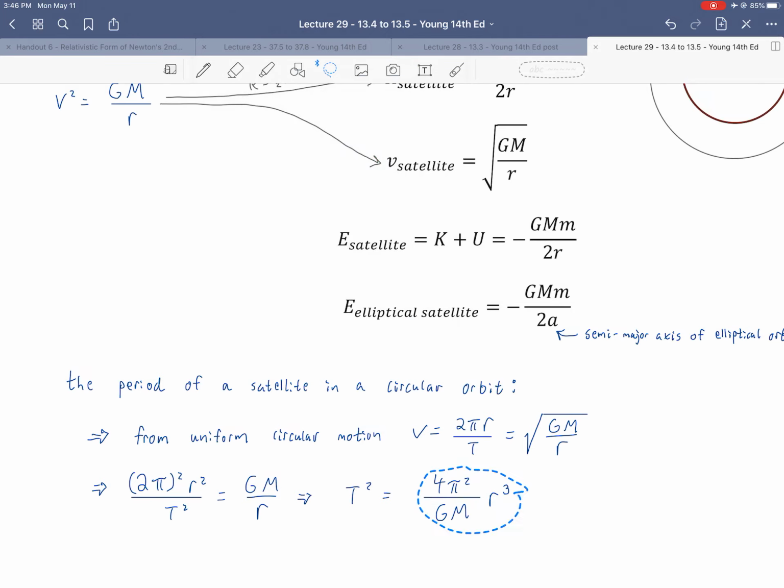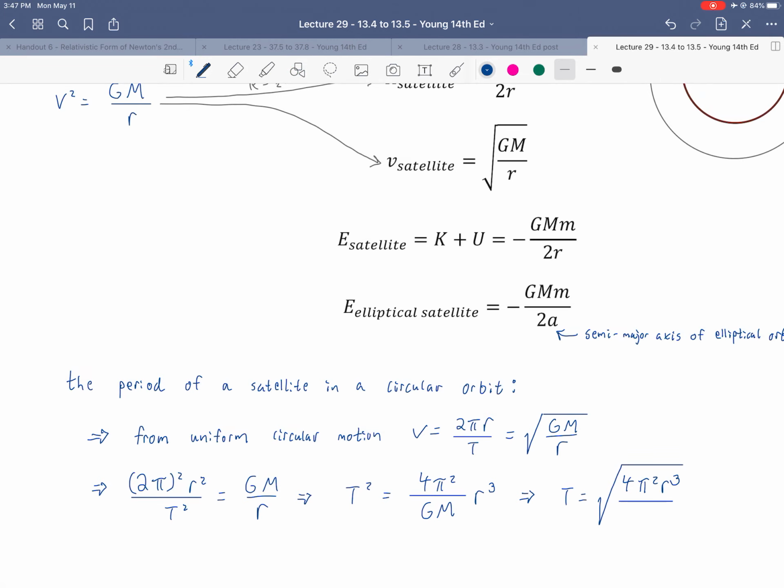We just would clean that up a bit. So then T is just going to be the square root of all this: 4 pi squared r cubed over GM. So that's always true.